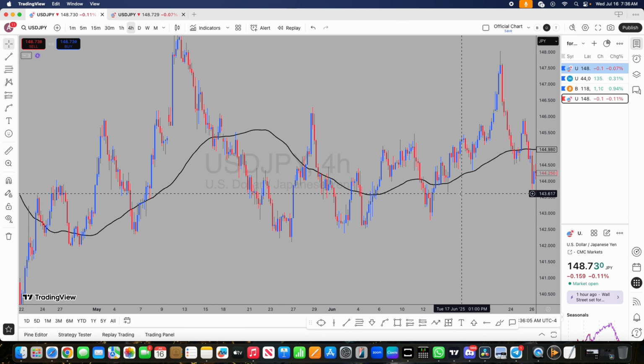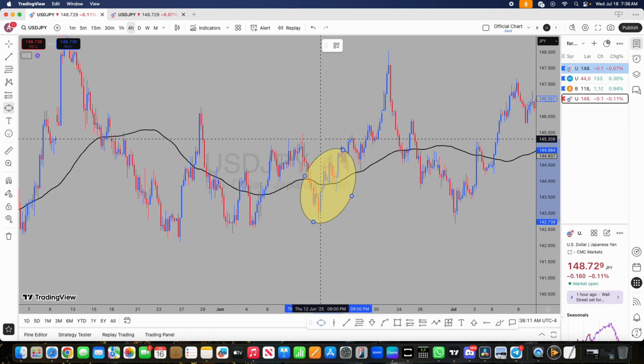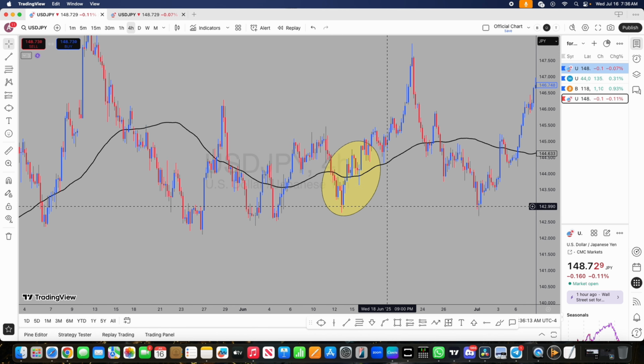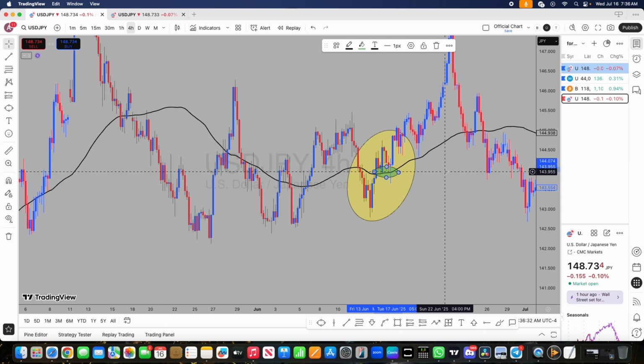So as you can see on the H4, on this area right here, I highlighted it for you guys right there. On this area, we broke that level of MA, and then we broke it once again. So once we broke it once again, you see that we respected levels of the MA, respected as a level of support multiple times.